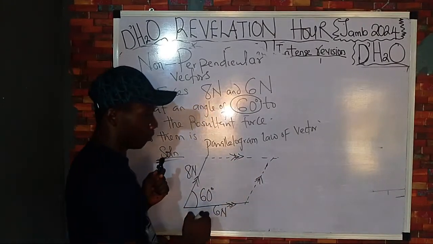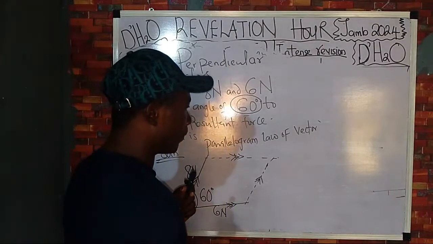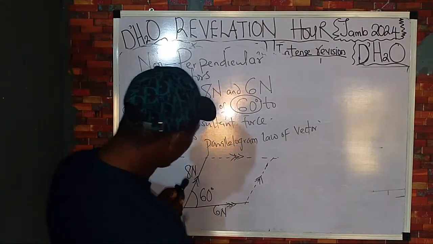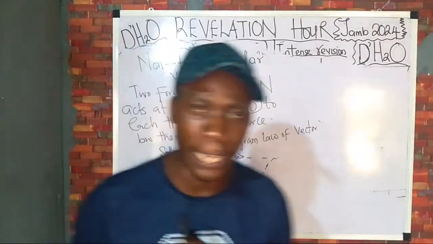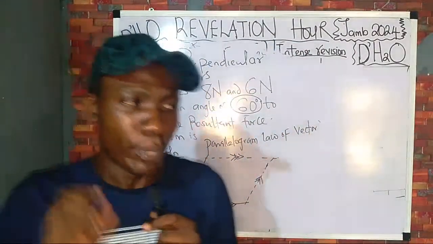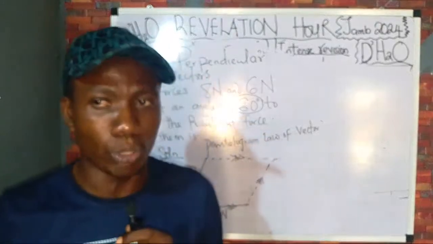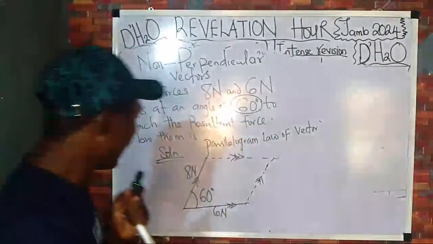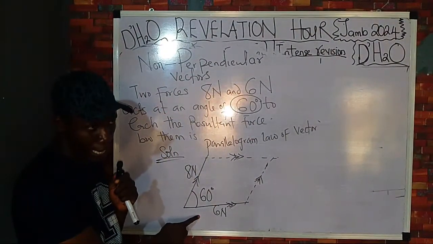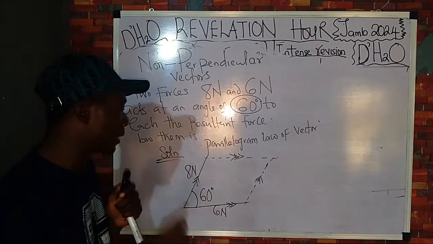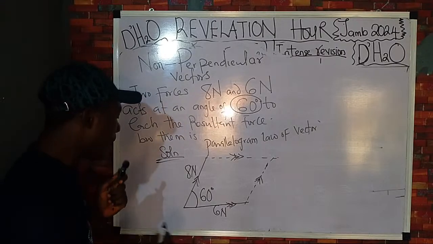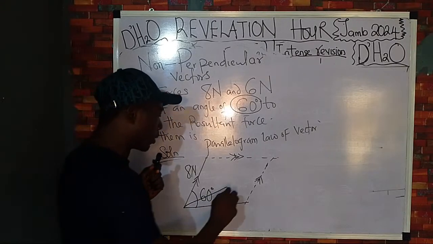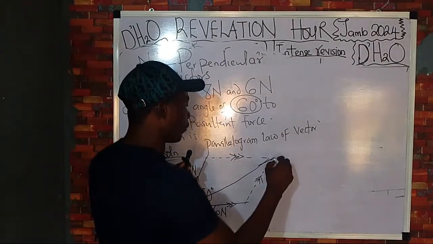Now that we have two forces, remember that the parallelogram law of vectors states that if two vectors are represented in magnitude and direction by the adjacent sides of a parallelogram, the resultant can also be represented in magnitude and direction by the diagonal of the parallelogram drawn from the point of intersection.